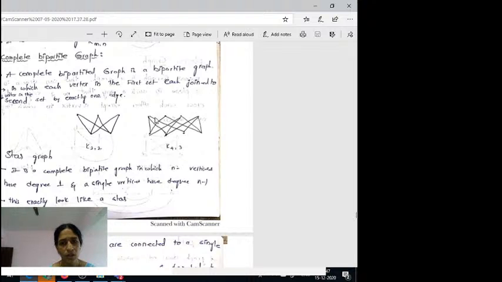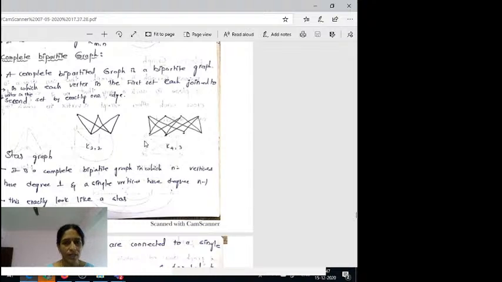Now from here to here and from here, this is also written down. The graph was drawn wrongly, so this is not a complete bipartite graph. Here it is graph K4,3, so this is not a complete bipartite graph.